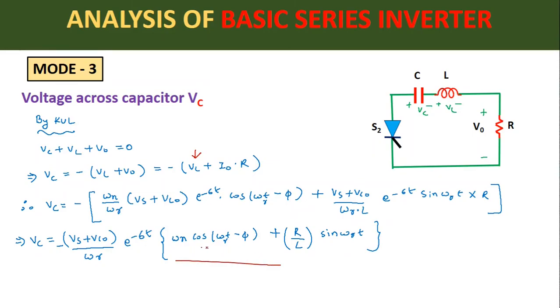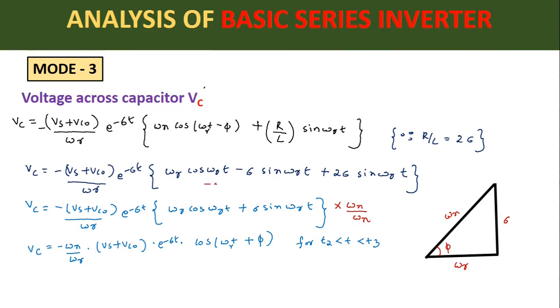After that we will expand cos(omega r t minus phi), and we will get this type of equation. Again, minus sigma sin(omega r t) plus 2 sigma sin(omega r t) coming here, so this will be equal to plus sigma sin(omega r t). Again in this equation we divide and multiply by omega n, and take 1 upon omega n outside the bracket.